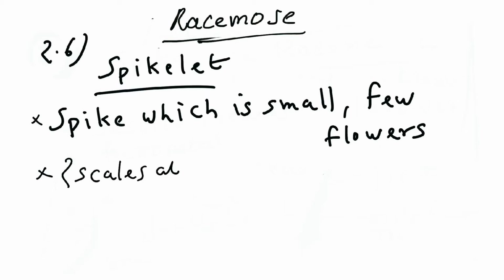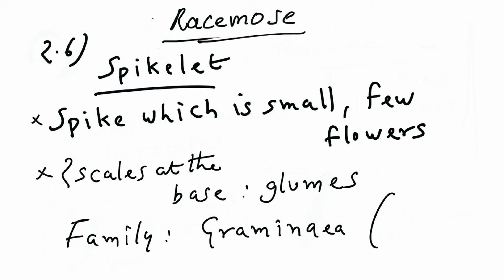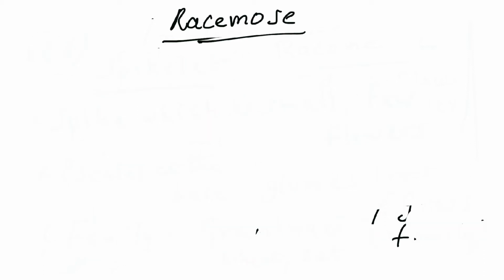And there's a very important characteristic feature of spikelet, that is you see two scales at the base, and these scales are called glumes. So note that point, the development of glumes is the characteristic feature of spikelet, and this kind of development is seen in a very important family, that is Gramineae, the grass family, in which rice, wheat, maize, all those cases are involved. So spikelet is a characteristic feature of the grass family.